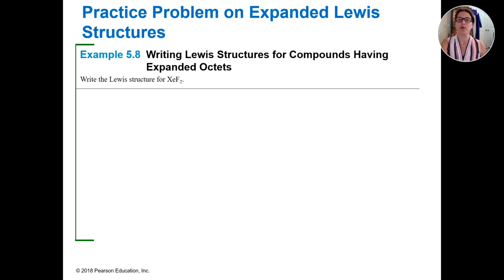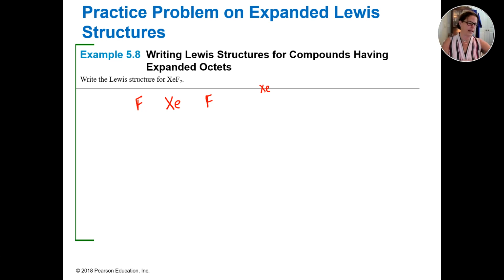So a good example is XeF2. So if we're going to draw the Lewis structure for this, Xe is our least electronegative. It's going to be surrounded by fluorines. Xe has a total of 8 valence electrons. We know that because it's in row 18, right here.